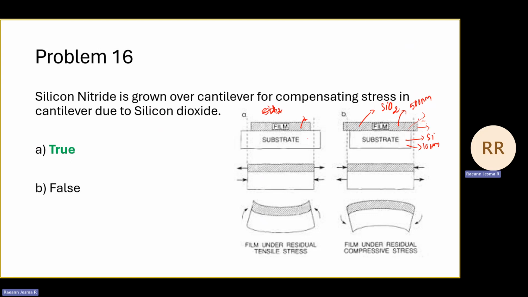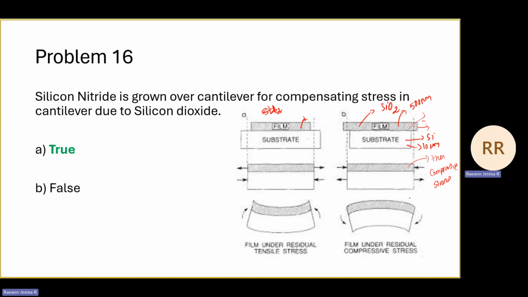This region is completely clamped, and whatever rate at which the substrate expands and contracts, your film will have to follow it. Because of this, SiO2 will have some thermal stress, and this is compressive in nature. Compressive means the film is compressed.